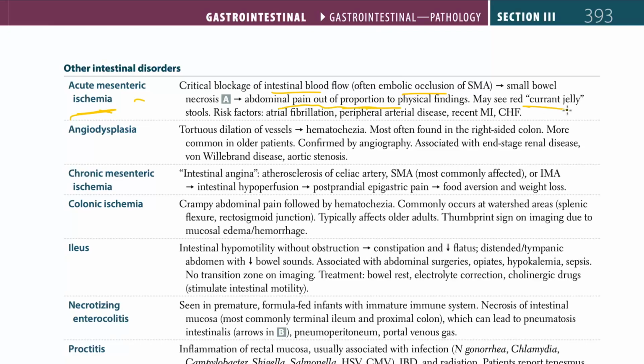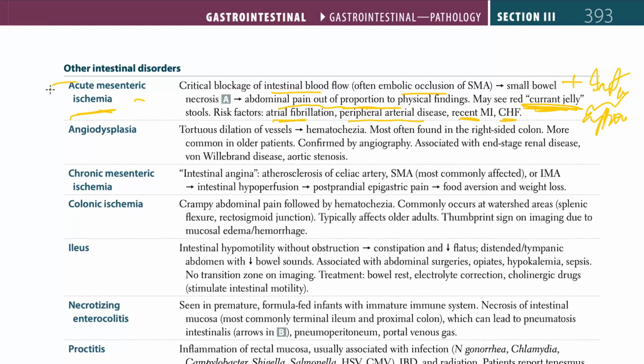May see, again, red currant jelly stools. So you see red currant jelly in this, and also in the intussusception we just talked about. Risk factors are AFib, peripheral arterial diseases, recent MI, and CHF.